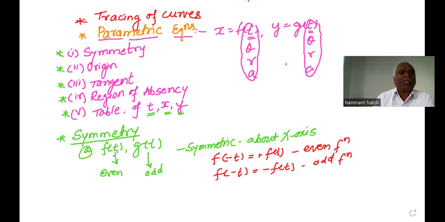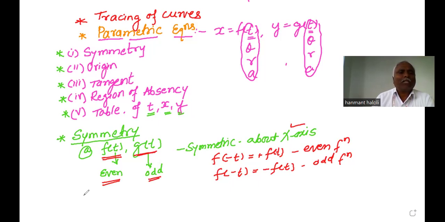Okay, this is the first condition. If you replace t by minus t and the function becomes odd or even, then check it. If f of t is an even function, then it is symmetric about x-axis when g of t is an odd function. This is the first condition.